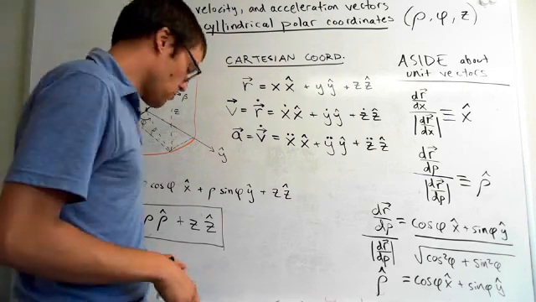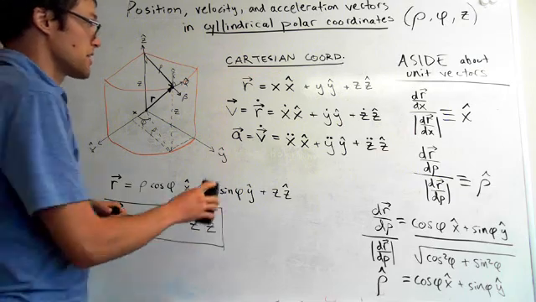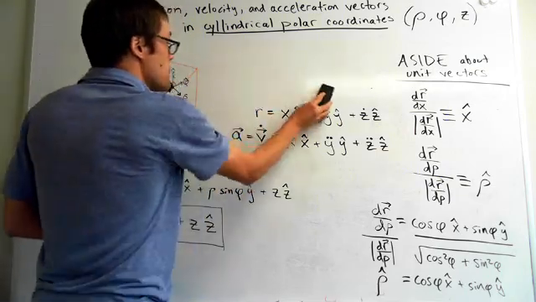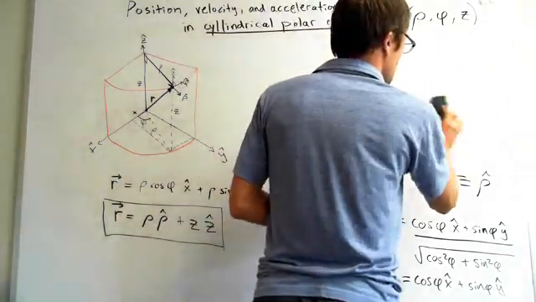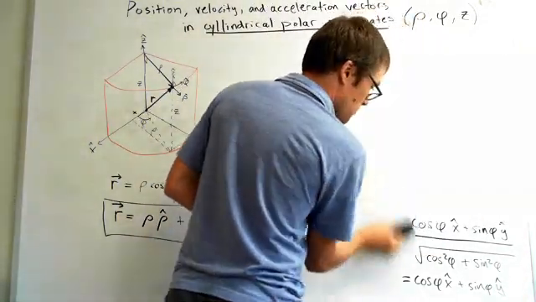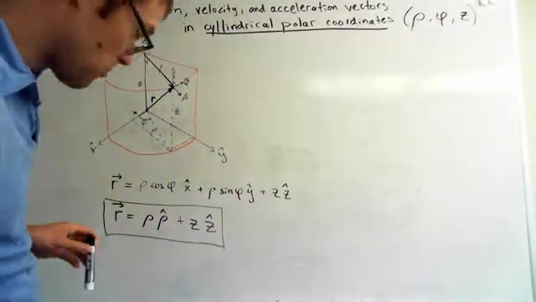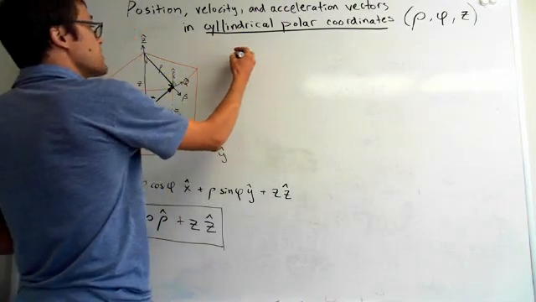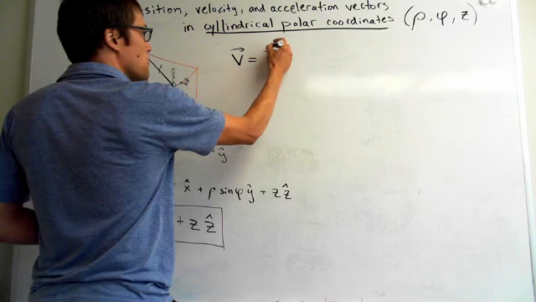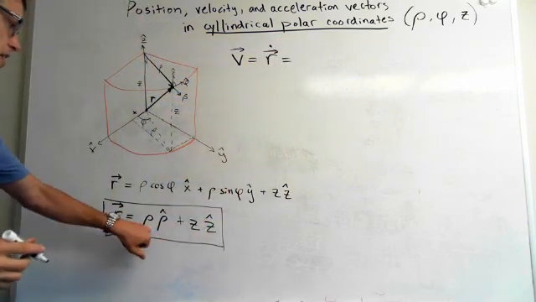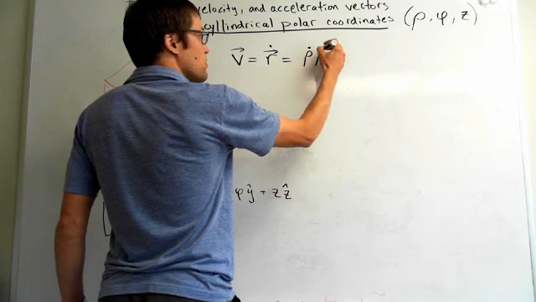Okay, so to move forward now, what we need to do is take a derivative of this to get to the velocity. So let's take one derivative to get velocity in polar coordinates. If we take the time derivative of this, we get rho dot rho hat.